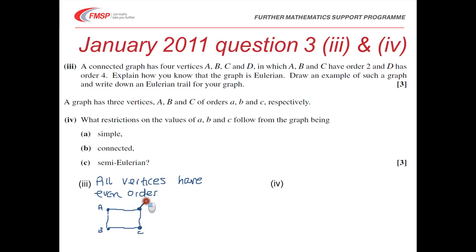Now in order for D to have order 4, it can't be connected to any of the others because that would increase the order of A, B, and C, so it must be connected to itself.